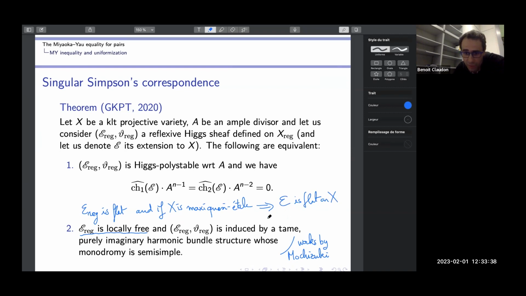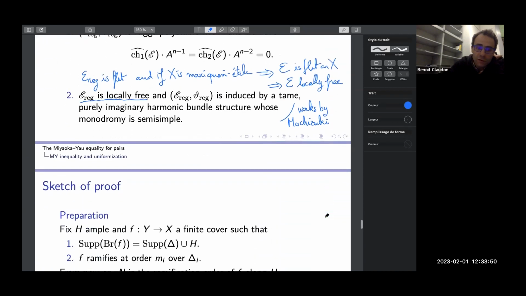In particular, it implies that E is locally free also. So this is what we are going to use for the proof.